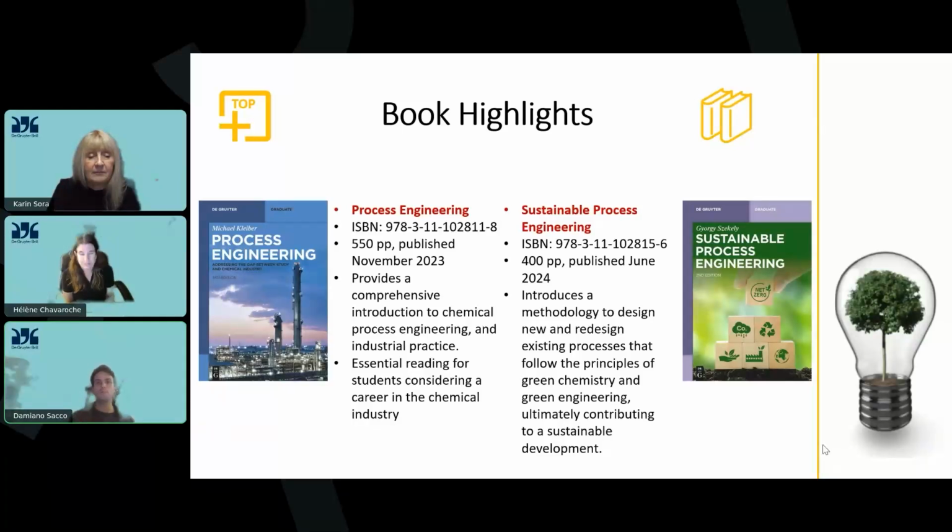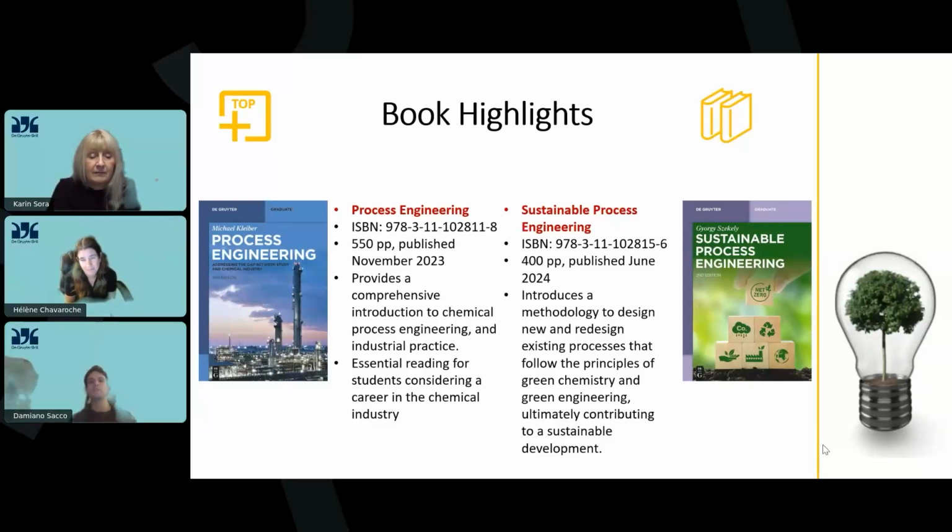Here we have 2 of our strong textbooks, which we keep publishing in new editions. The first one is Process Engineering, which is really the bread and butter of industrial chemistry, and it's really essential for all students, and in particular for them to transition from university to actual professional life in industry.